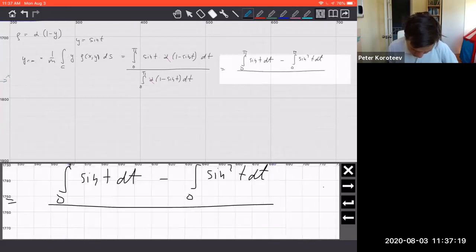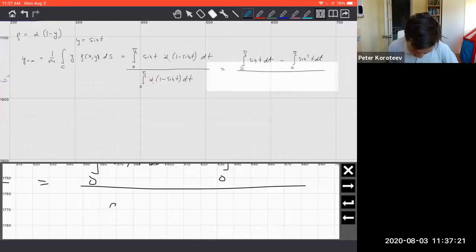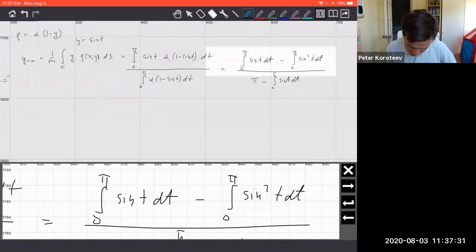In the denominator, we get pi minus the integral from 0 to pi of sine t. This integral is equal to 2.